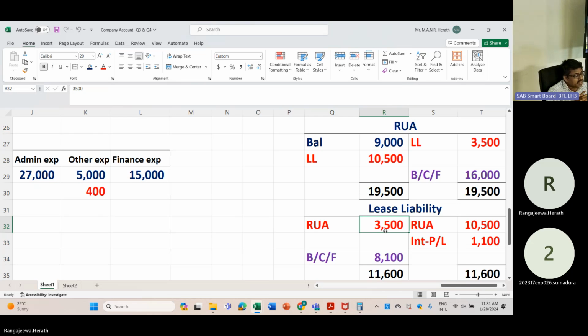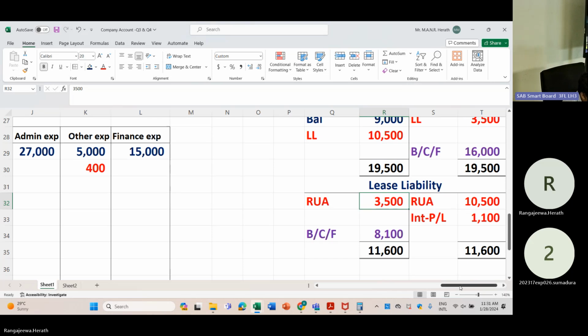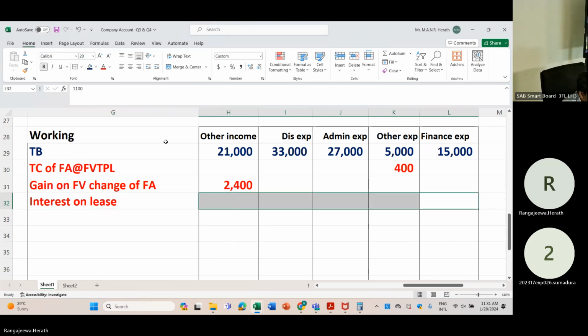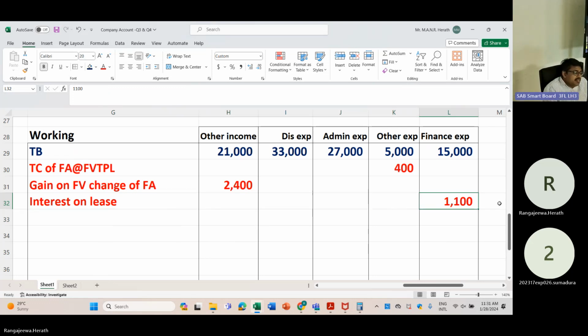Now you got the correct right of use asset. Right of use asset 16,000. Then interest 1,100 P&L දාන්න. So you can take that into finance expense. Interest on lease 1,100 you take from the lease liability account. Lease liability account credit, finance expense debit.